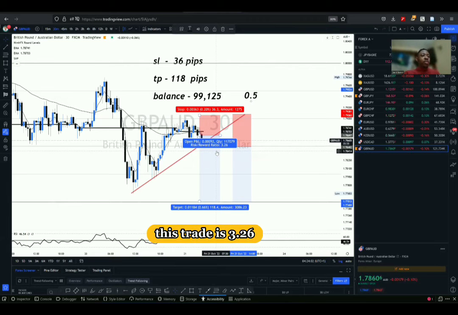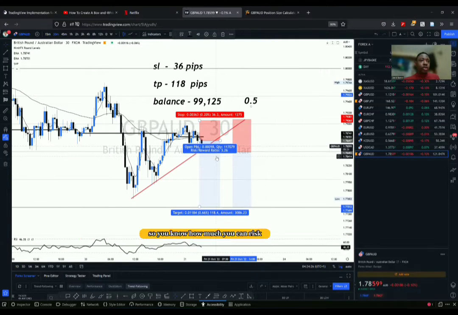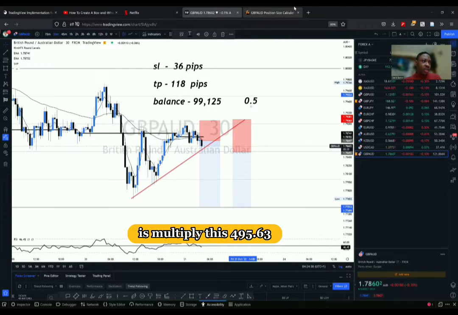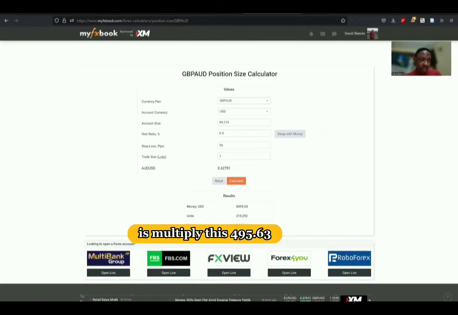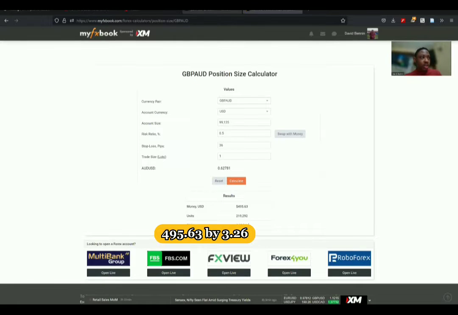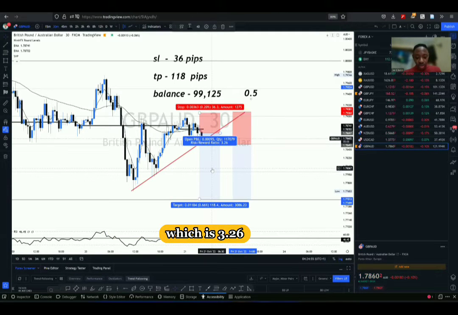To know how much you can make on this trade, multiply this 495.63 by 3, the risk to reward on the trade, which is 3.26. So this is 1,600.